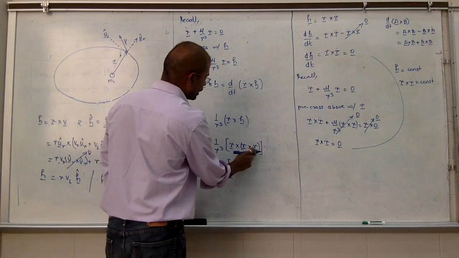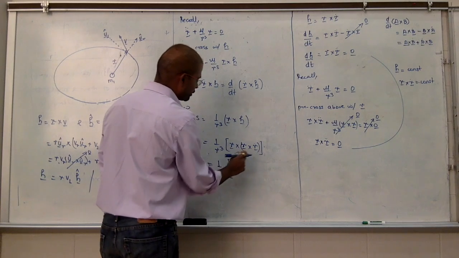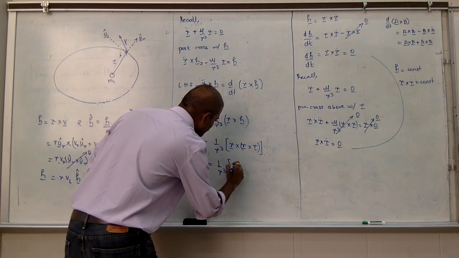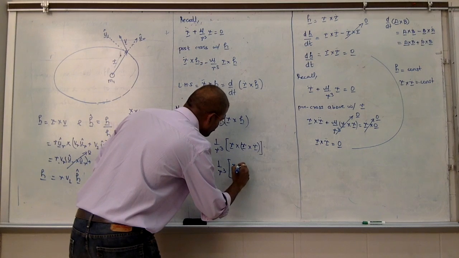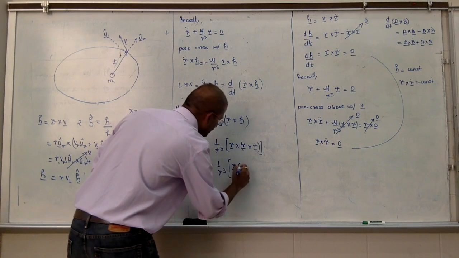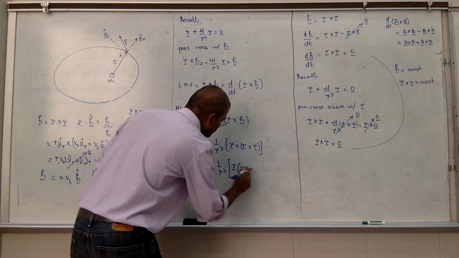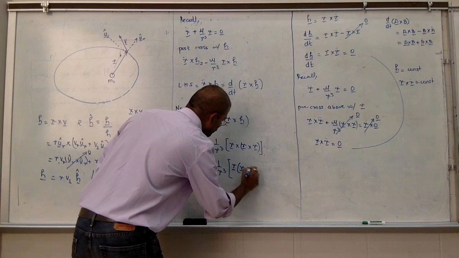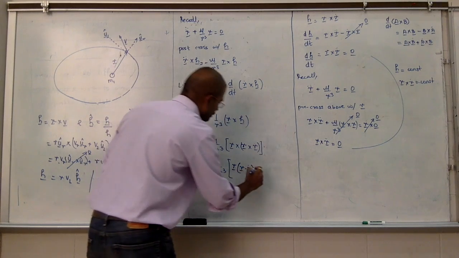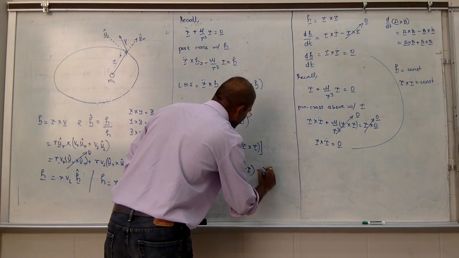So BAC minus CAB rule will give you: this is B A C, so it will be r, A is r, and C is r dot. B A C, r dot, minus C A B. So C is r dot.